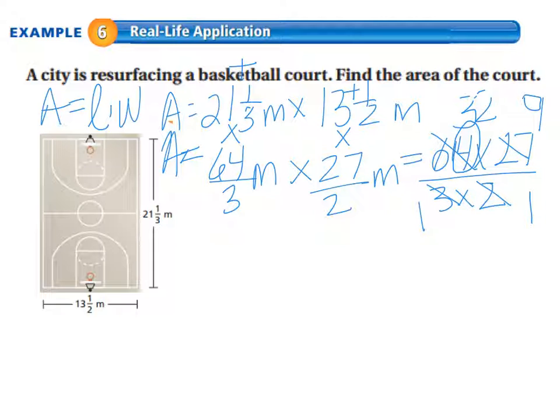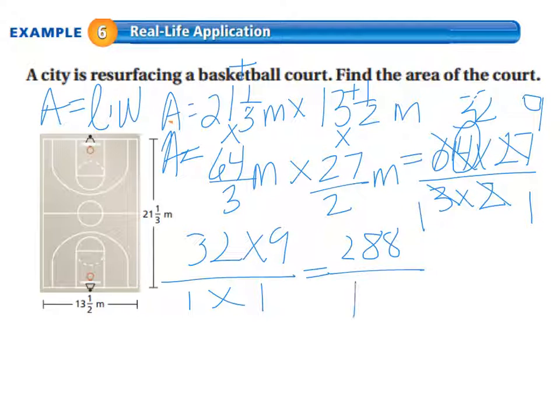Multiplying across my numerators now, I'm going to rewrite it so we can see a little better. 32 times 9 as my numerator, and 1 times 1 is my denominator.